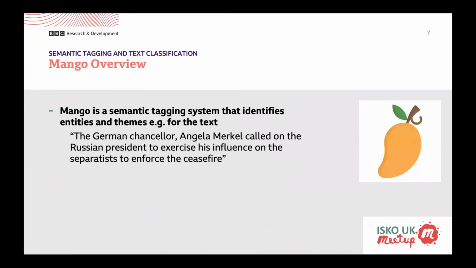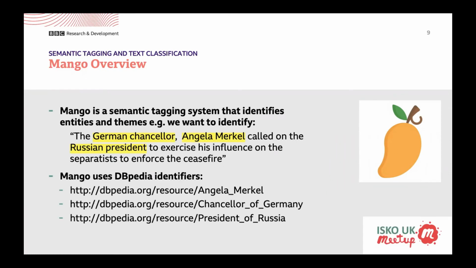Now, Mango, the system we developed for this, is basically a semantic tagging system, and it identifies mentions, anything which is mentioned in the text. So for the text you can see here, we really want to identify these key entities. And to identify them, we use something called DBpedia identifiers.